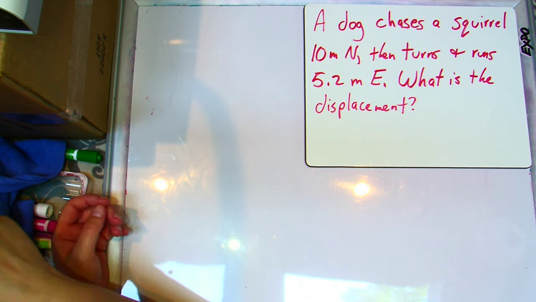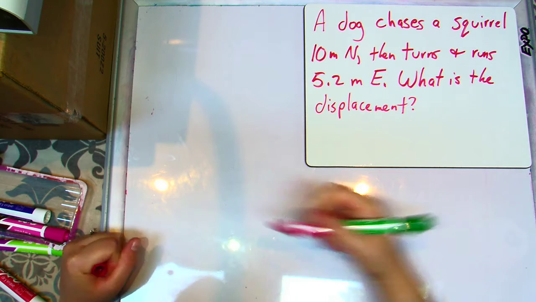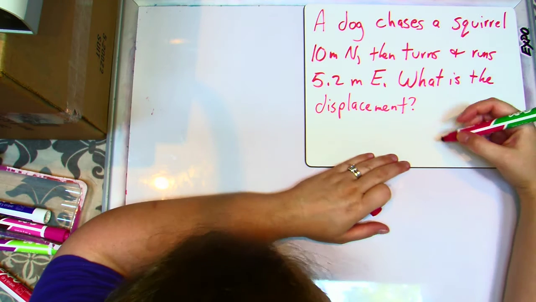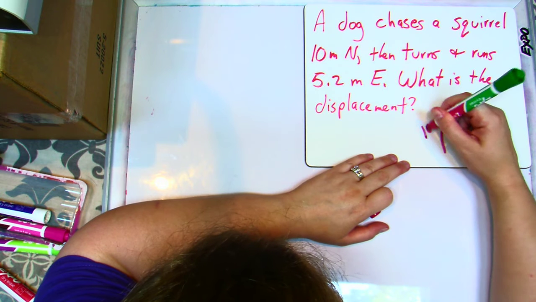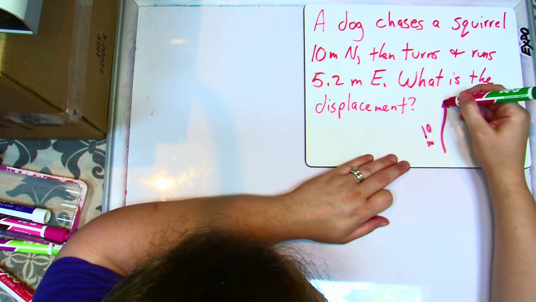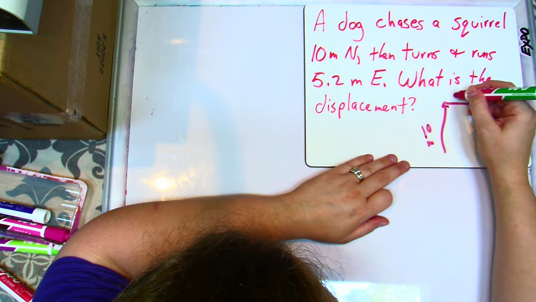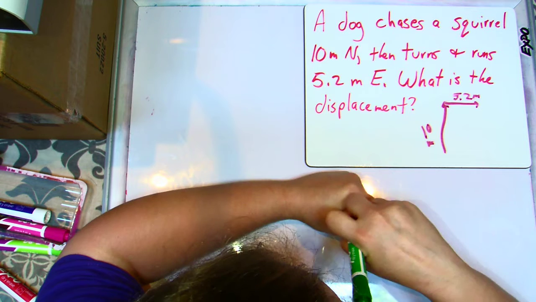So if we were to look at this, and it's oftentimes good to diagram it. The dog runs 10 meters north and then turns and runs 5.2 meters east.